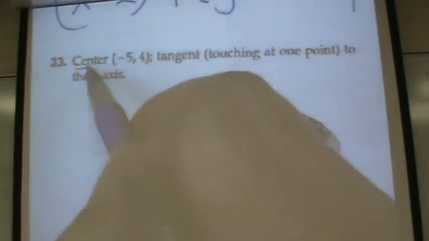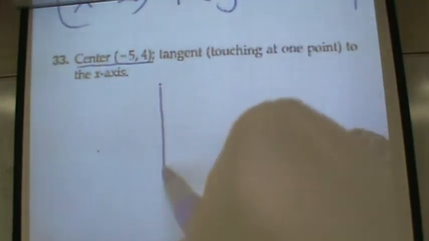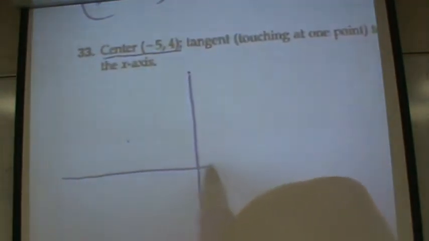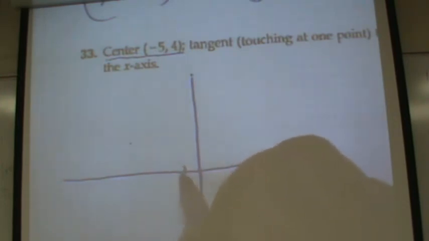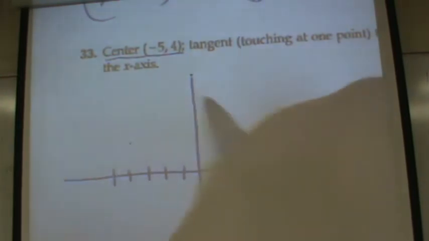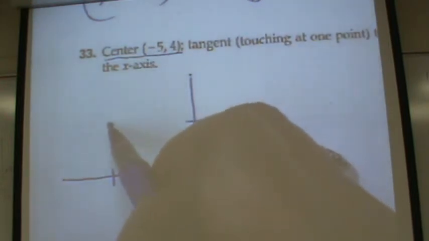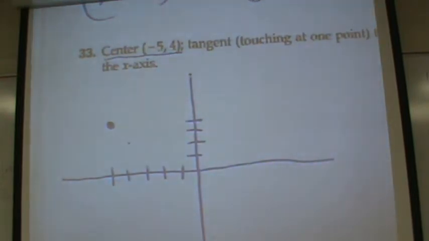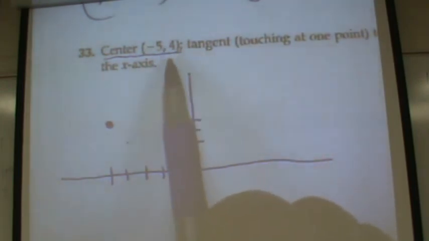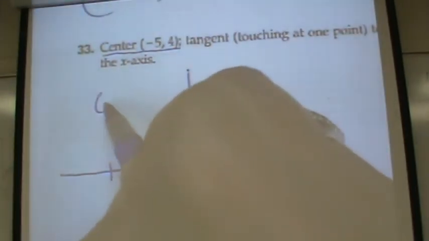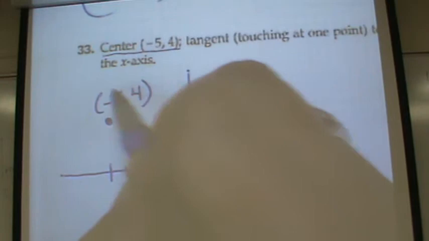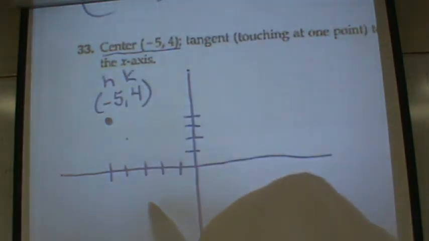This one says we have a center at -5, 4. I'm going to draw it. I'm a visual person. 1, 2, 3, 4, 5. 1, 2, 3, 4. I like to see things drawn. That helps me. So I'm drawing my center in. This is your h, k.